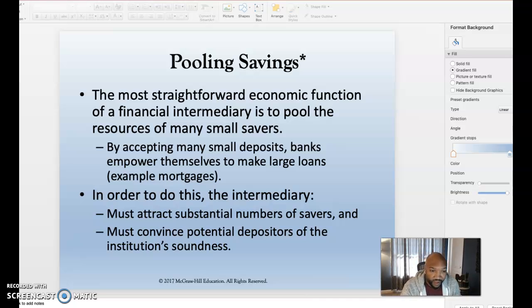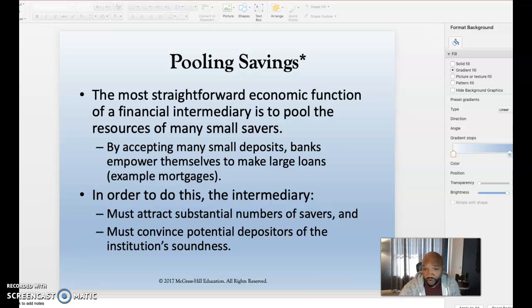As a prime example, if I have $1,000 in my savings account and the bank wants to make a $200,000 mortgage loan to someone, it would take 200 people with $1,000 in their savings account to make that loan. So one of their prime functions is to pool the resources of many savers making small deposits in order to make large loans.